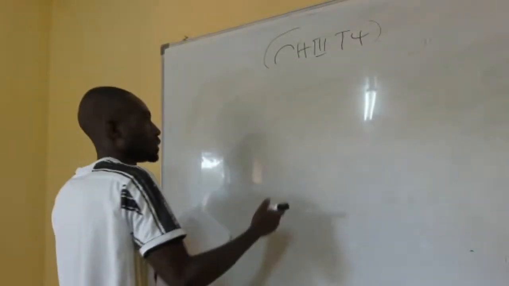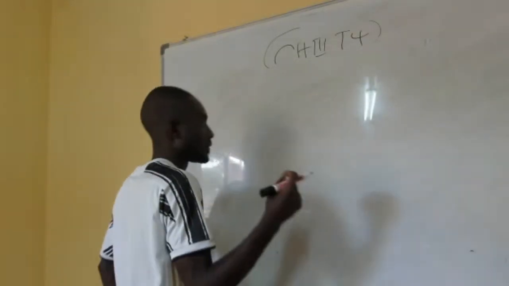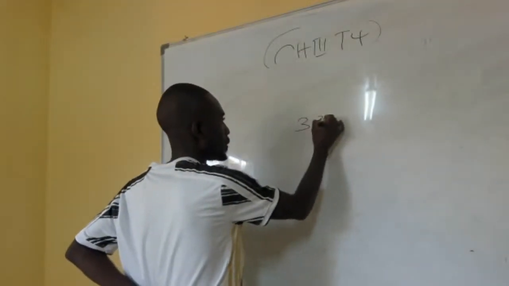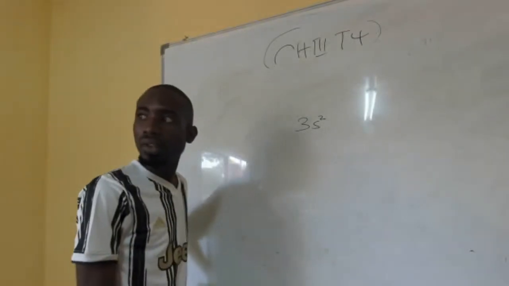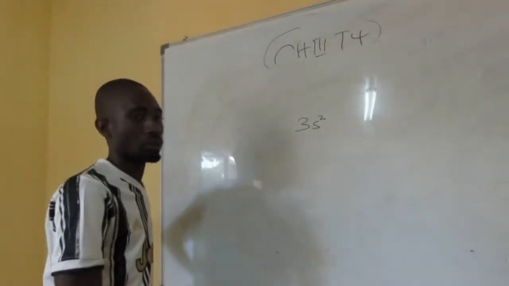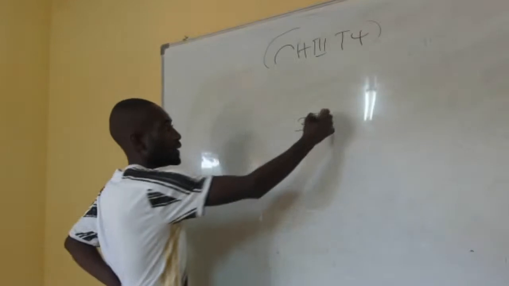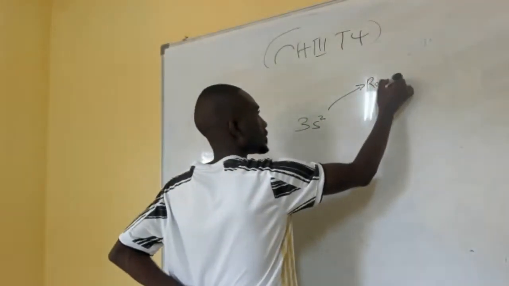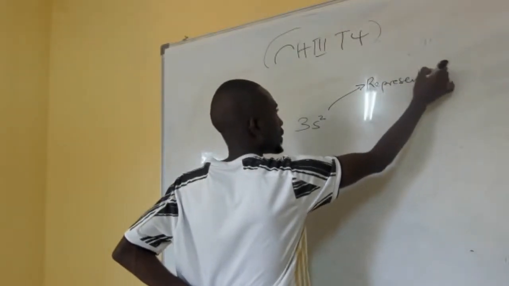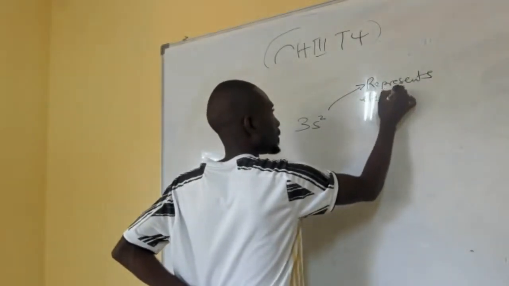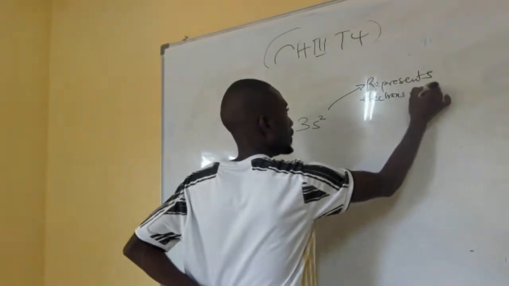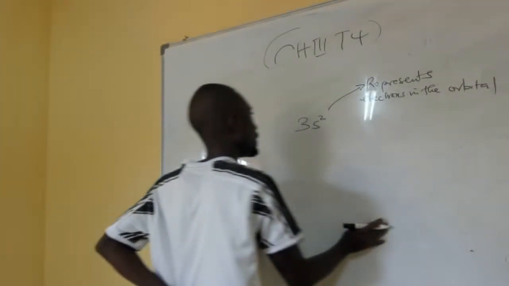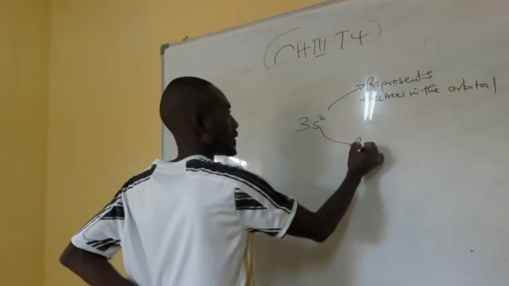So for instance, if they have given you 3s2, this represents electrons in the orbital.